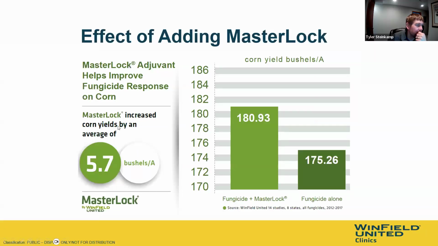This is 5 years' worth of data. On average over this 5-year period, we gained 5.7 bushels by having Master Lock in the tank versus the fungicide alone. And we've seen this over and over again.